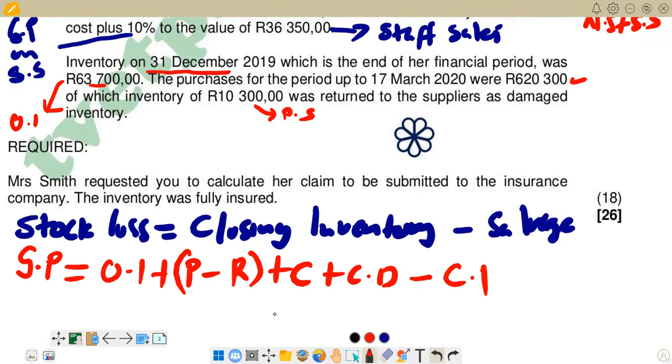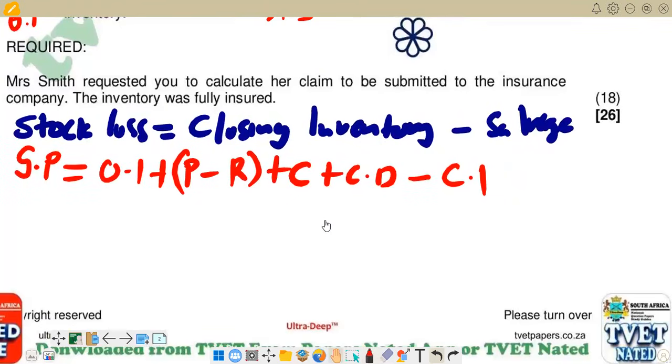So you'd see that we are going to prepare a trading account. So we are going to have a T account that we are going to prepare so that we can find the figure for closing inventory.